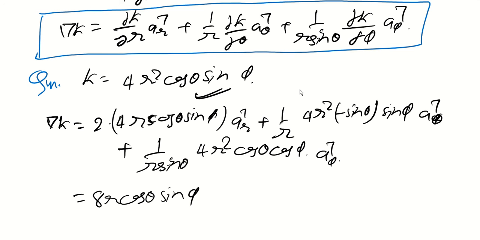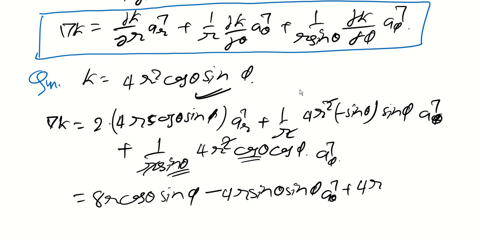And then here it will become minus of 4r sin theta sin phi a theta, and this cos theta by sin theta I can write as cot theta, and one r will get cancelled. So it will become plus 4r cot theta cos phi a phi. Okay. So see how easy it is to find the gradient in spherical systems as well.